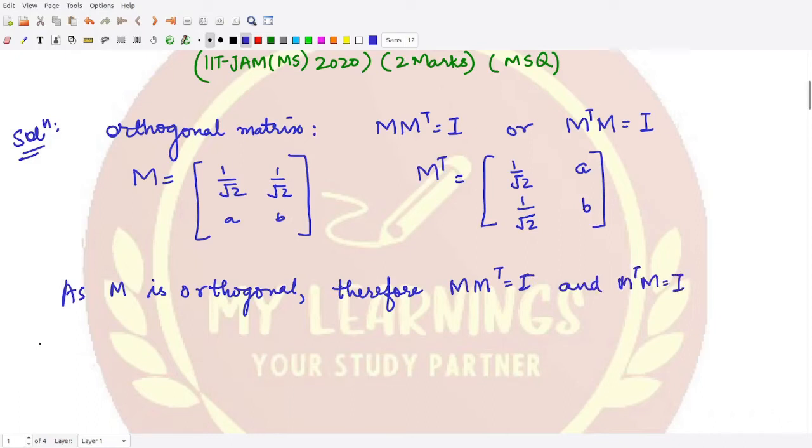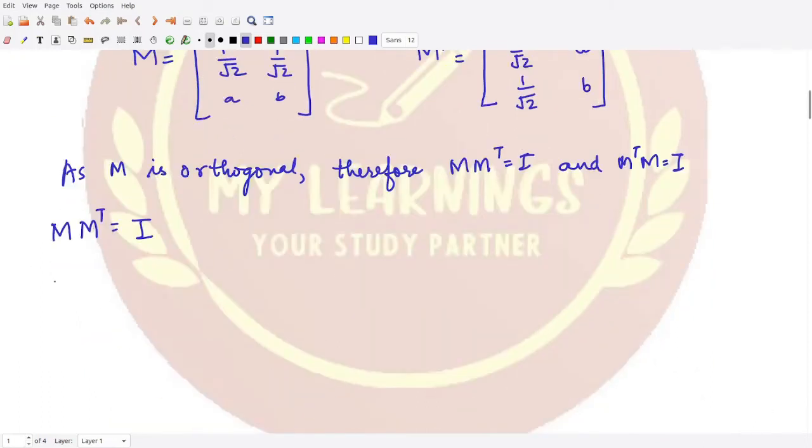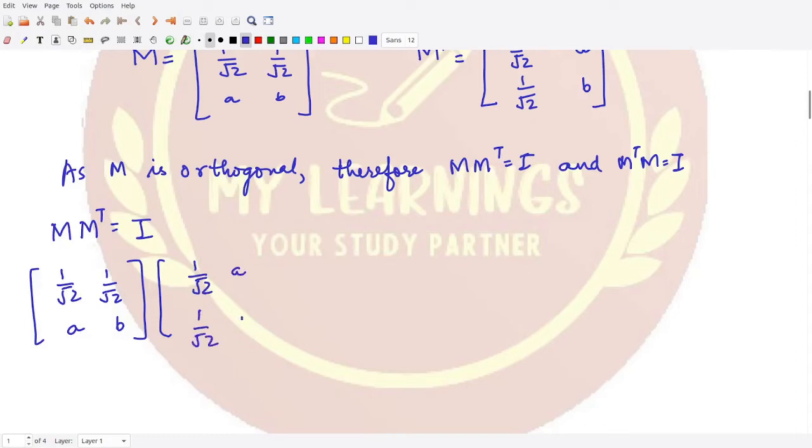First of all let's take M times M transpose equal to I, the identity matrix. The matrix M is 1 by square root 2, 1 by square root 2, A and B, and its transpose is 1 by square root 2, A, 1 by square root 2, B. This is equal to the identity matrix 1 0 0 1 of order 2, right? So let's solve this one.